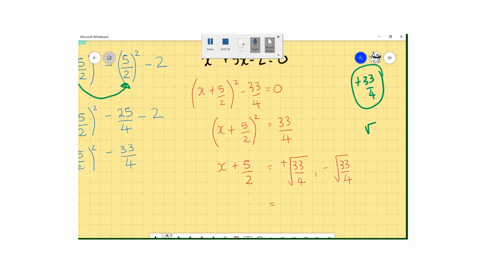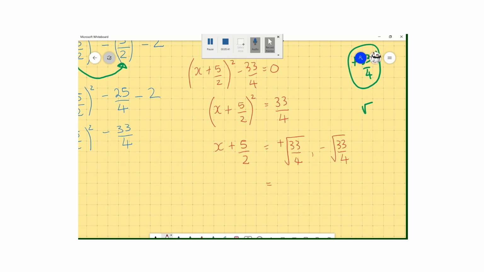When you take a square root, you can take the square root of the top and the bottom, so the numerator and denominator, separately. So with this positive root 33 over 4, we can take the square root of 33. We can't do anything with it, so we leave it as root 33. But the square root of 4 we can do, and we get 2.